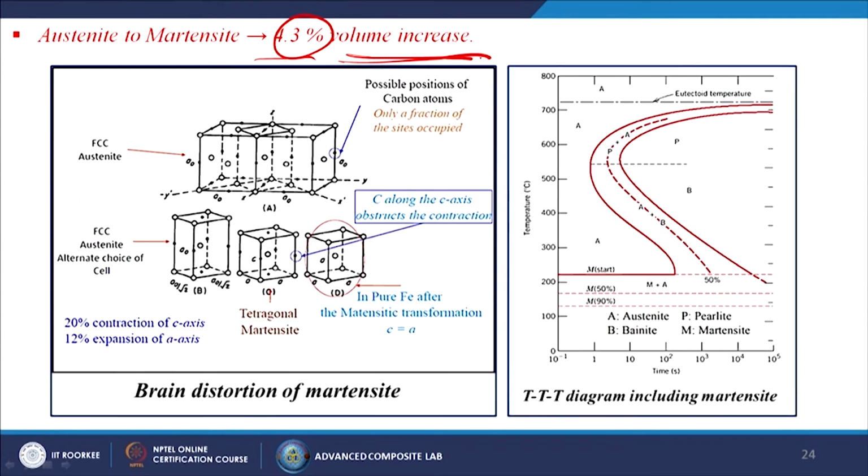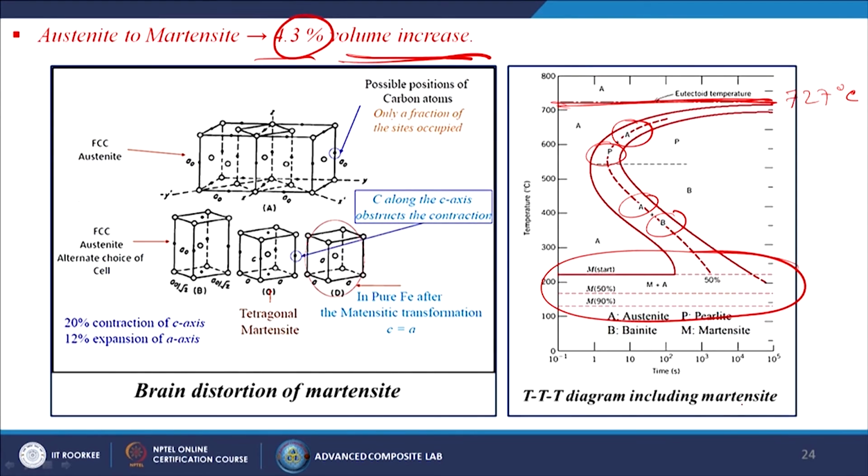In this case you can see the martensite region is this zone, and after that we have the bainite, then austenite, then pearlite, then again austenite, and this is the eutectoid temperature of that particular material, that is nothing but 727 degree centigrade. You can see that at lower temperature, because I told you that from higher temperature to lower temperature the martensite formation will take place.